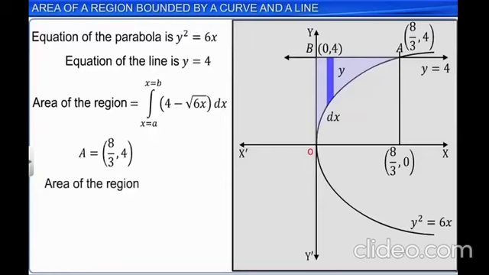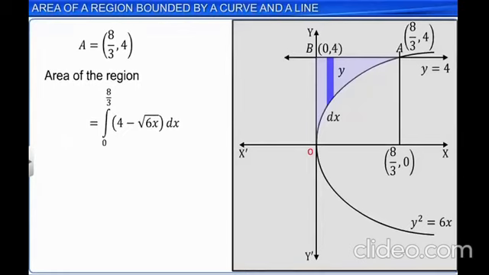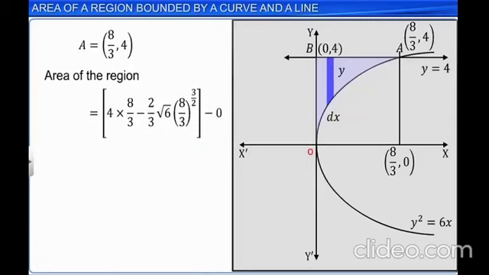Now, substituting the limits as shown, we get the area of the shaded region equal to 32/9 square units, which is the same as we got when we calculated the area of the shaded region by considering the strip parallel to the x-axis. Hence, the area of the shaded region can be found by any one of the two methods discussed, as they yield the same result.